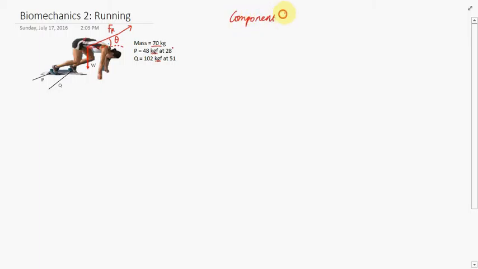This is just basic revision of aspects that we looked at in Biomechanics 1. As an overview, if I have a given force acting at some direction to the horizontal, we'll call that theta. Then there's an x component, a horizontal component which we'll call Fx, and a vertical component of this force which we'll call Fy.